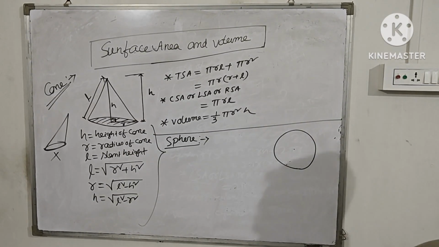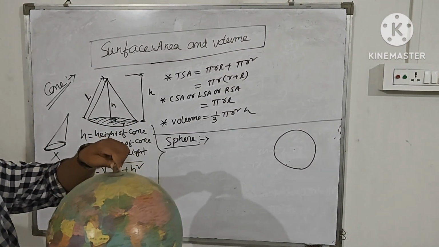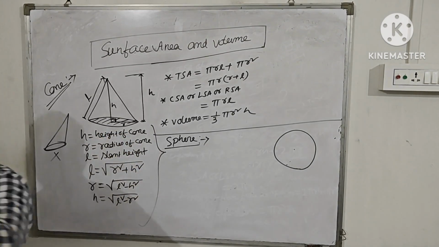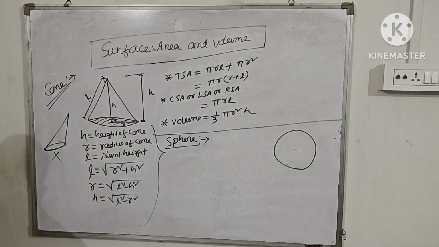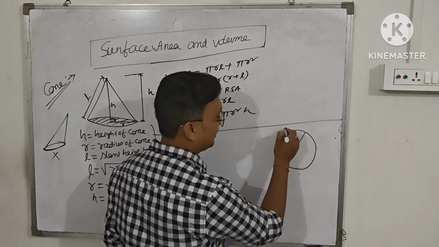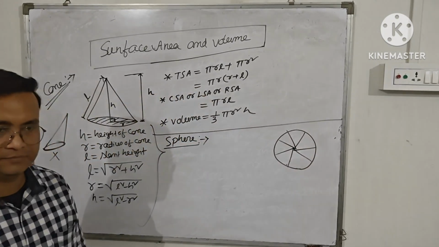This is sphere. So there is an imaginary center inside this, and from this center we can have this radius of the figure. So these are radius of this sphere.